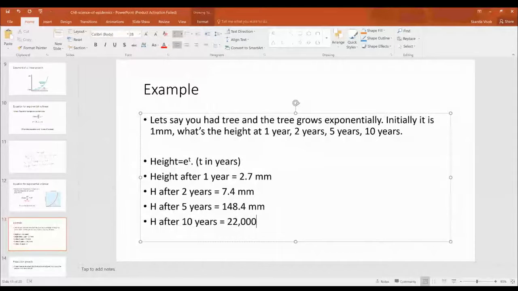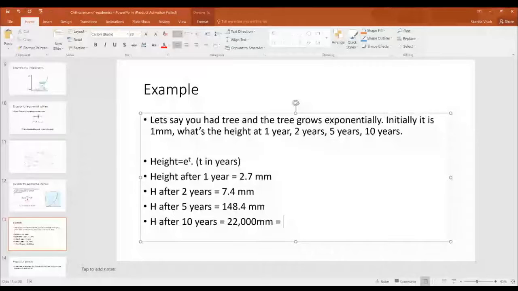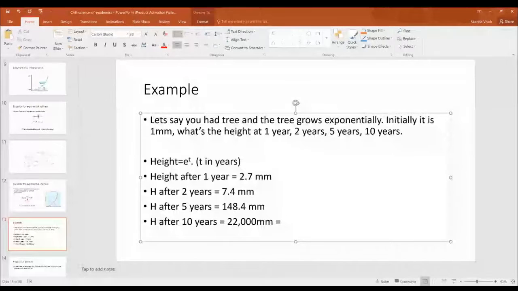After 10 years, 22,000 millimeters. And how much is that in meters? 1,000 millimeters is a meter.